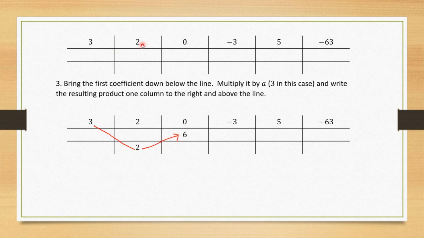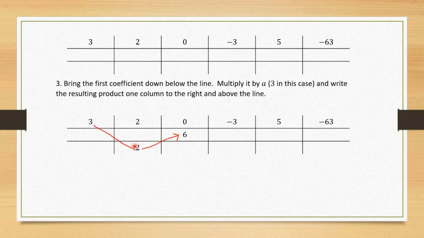What you do next is this. You bring down, in the second column, the first coefficient of capital F of x, as you can see. Then you multiply your a, in this case 3, by the coefficient.